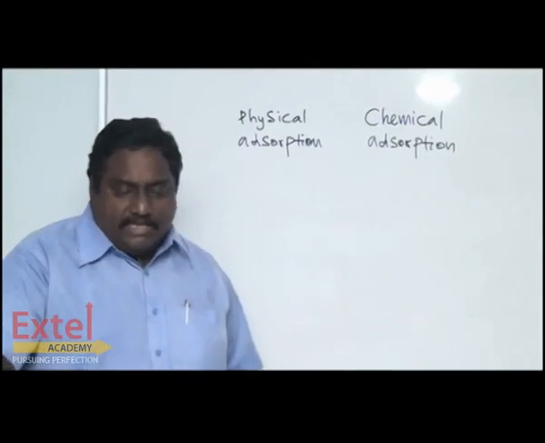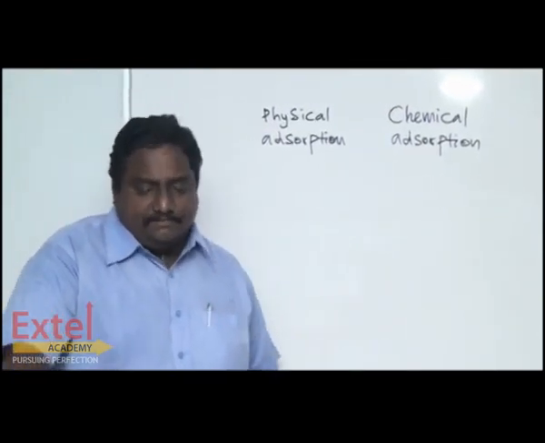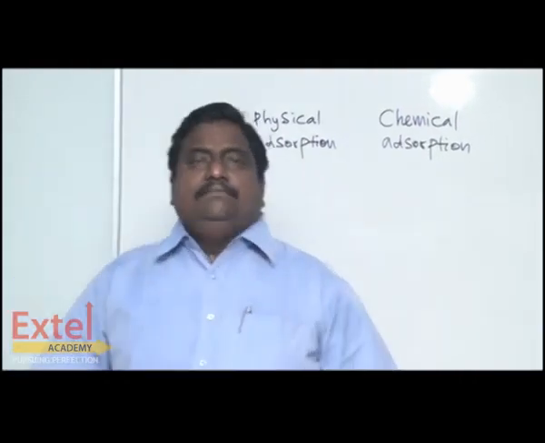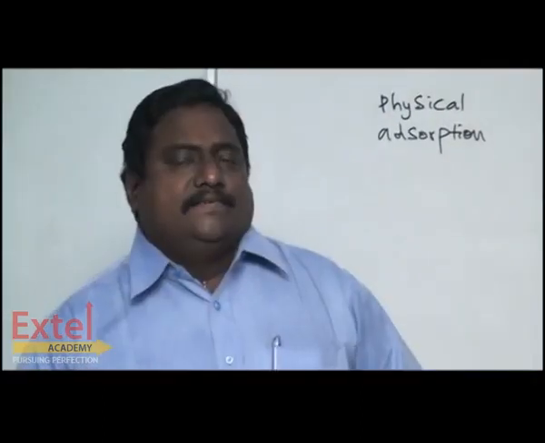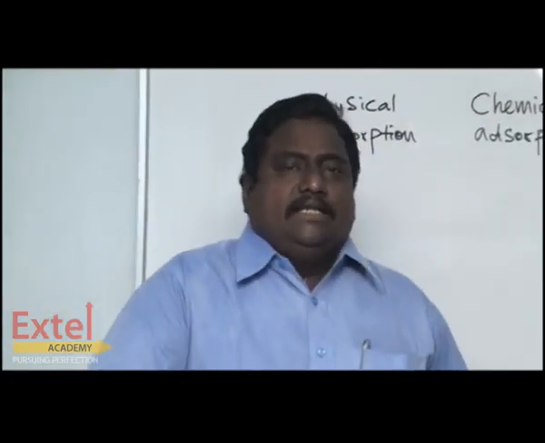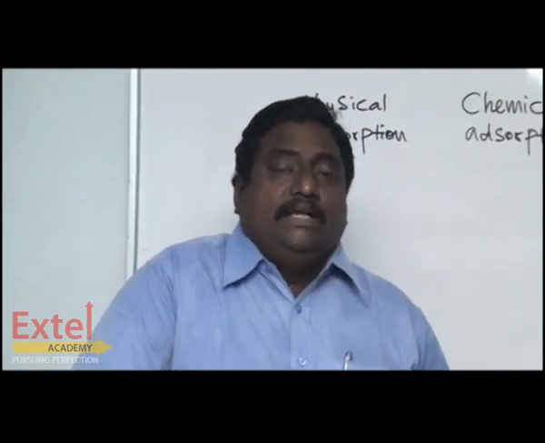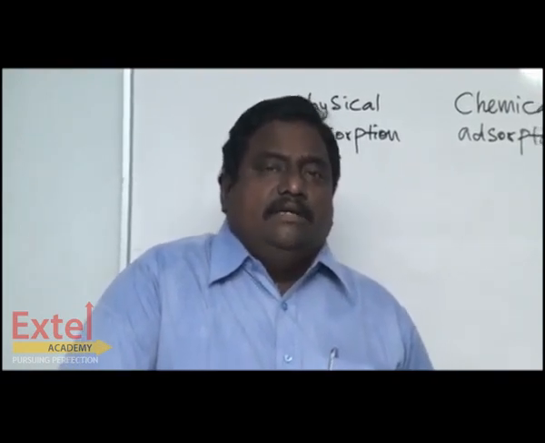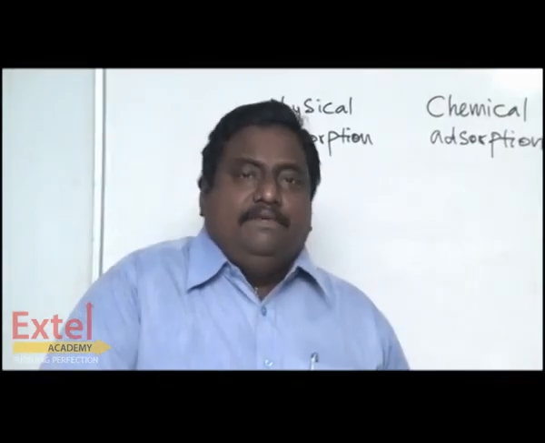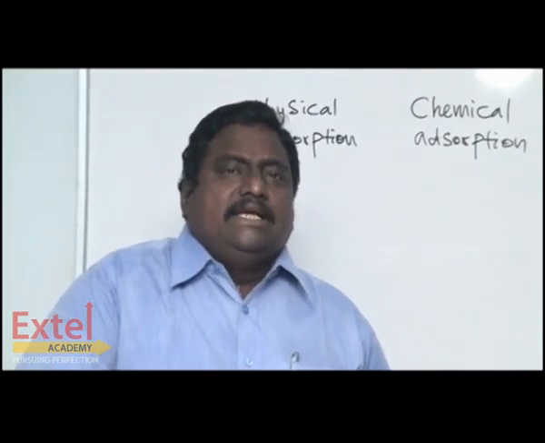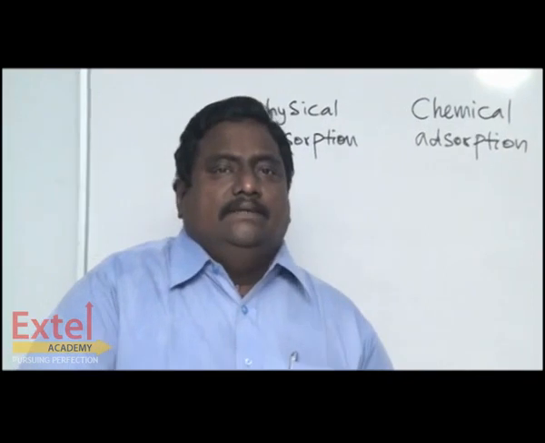Physical adsorption depends on the nature of the gas. You can classify gas into two types, lighter gas and heavier gas. For example, hydrogen and nitrogen are smaller, lighter gases. Ammonia, carbon dioxide, carbon monoxide are heavier gases. Heavier gases do not move faster, they move slowly.